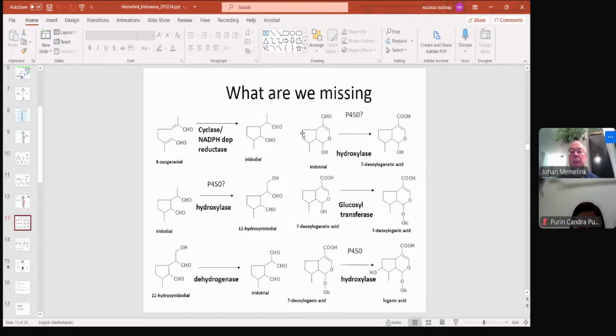And the next step to the right of that is a hydroxylation. So there's a hydroxyl group added at the top.